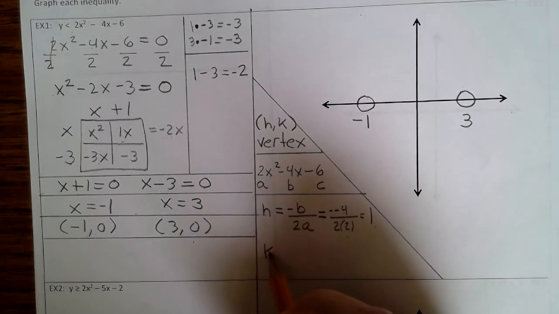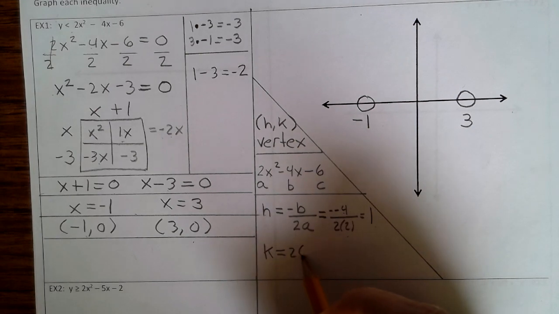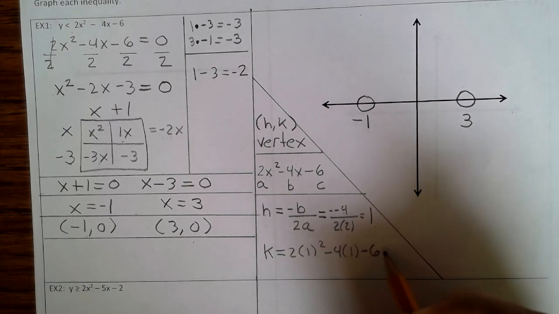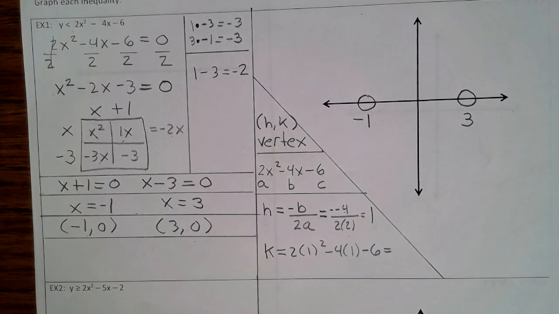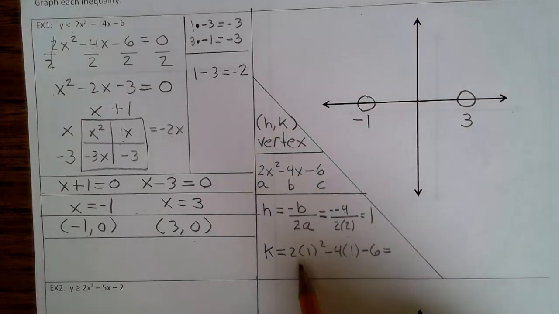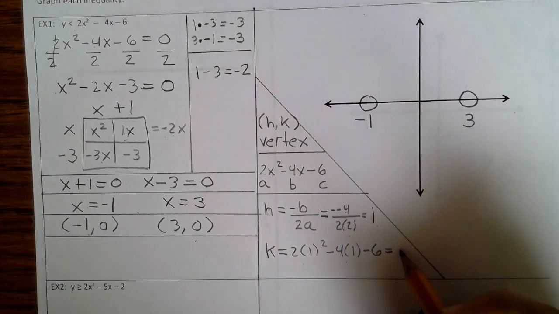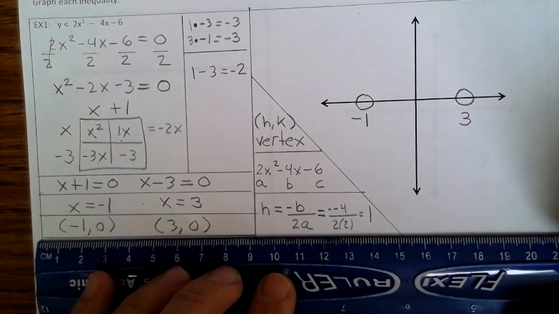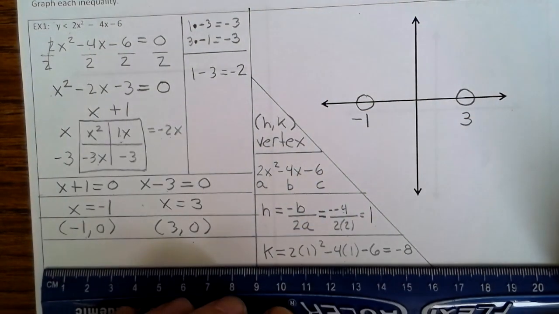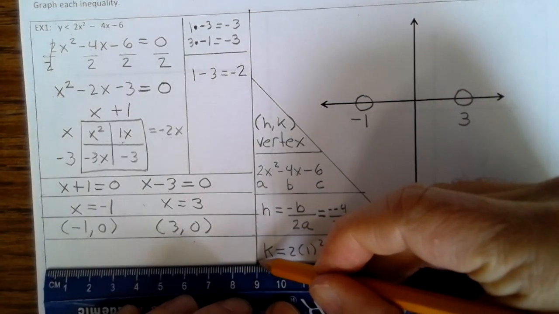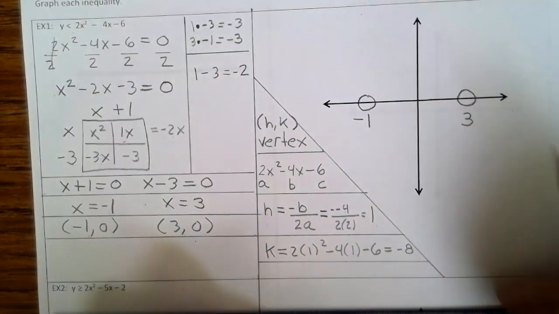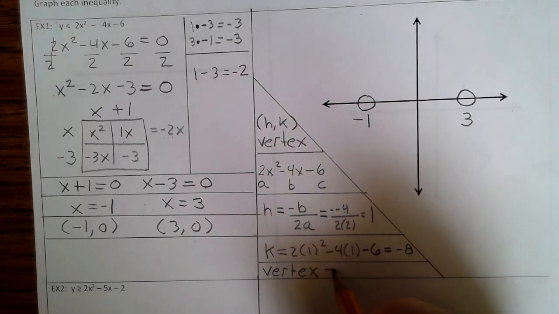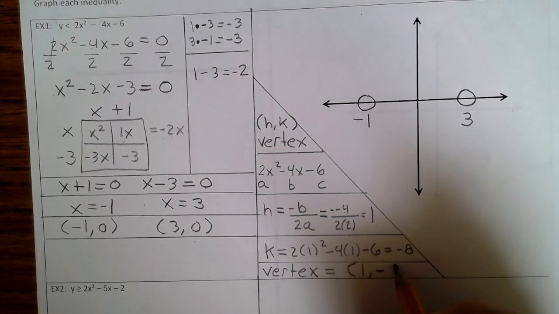So K equals 2 times 1 squared minus 4 times 1 minus 6 equals, well, that's 2 minus 4 is negative 2 minus 6 is negative 8. Okay, so our vertex is equal to 1 comma negative 8.